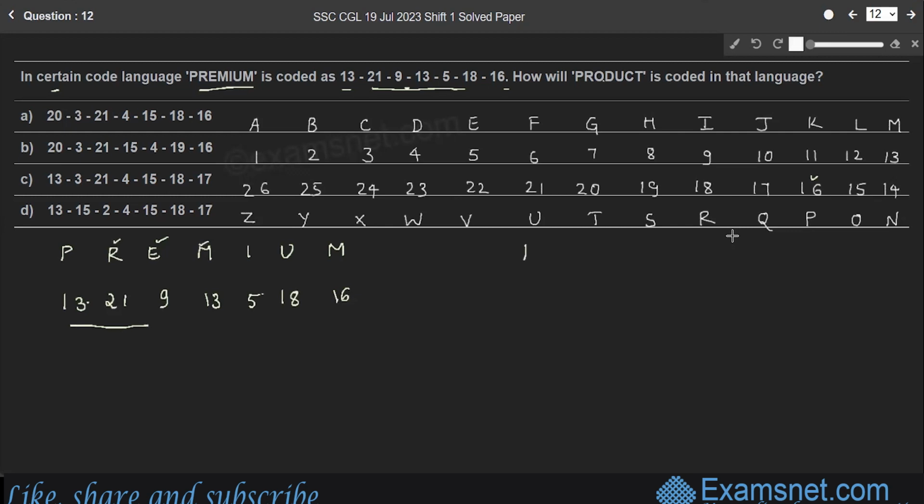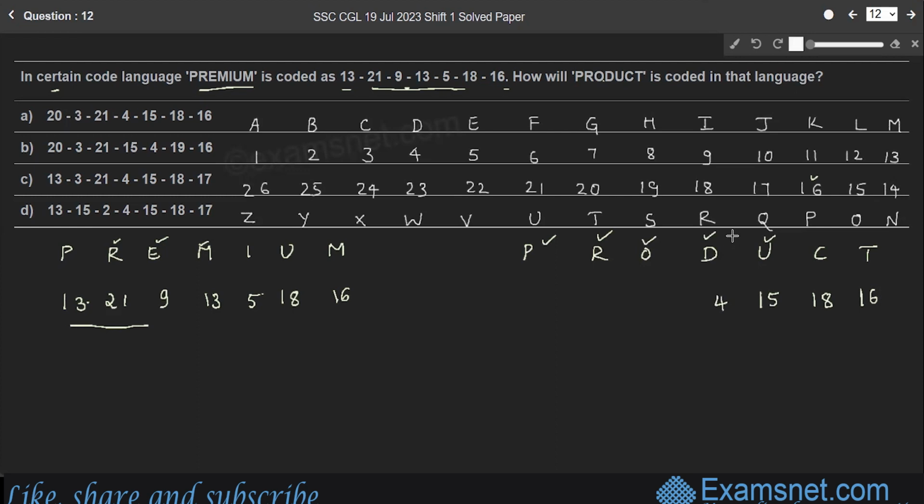So, in the same way, product, D-U-C-T, write their positional values in reverse order. The positional value of P is 16, of R is 18, of O is 15. Next is D, which is 4.